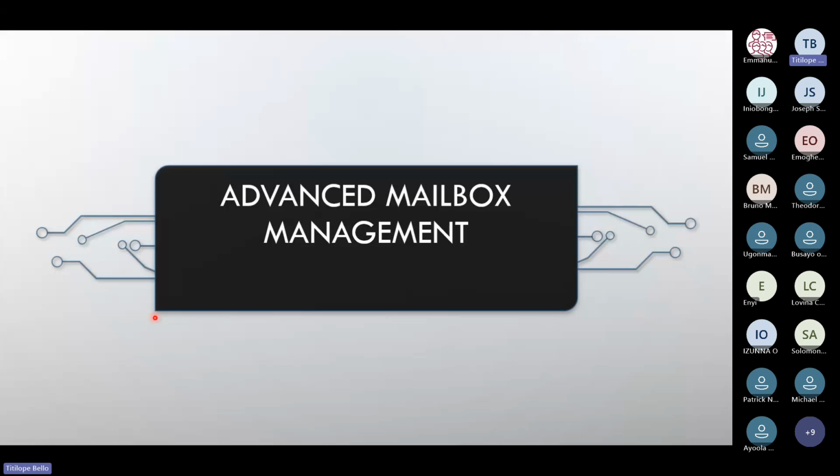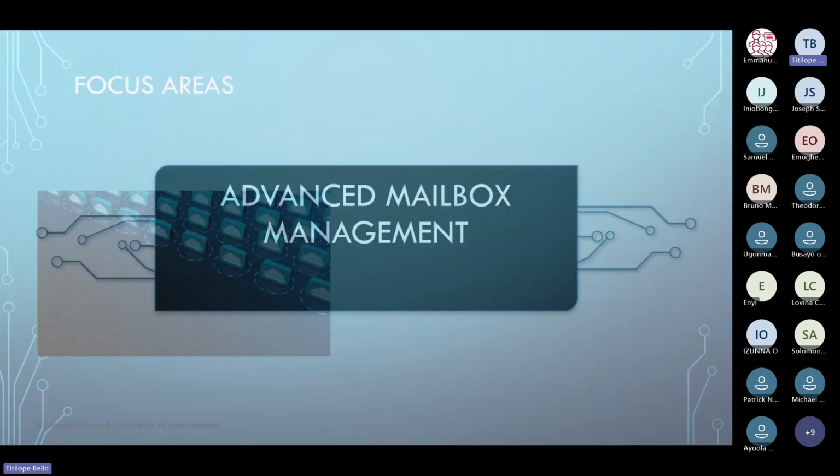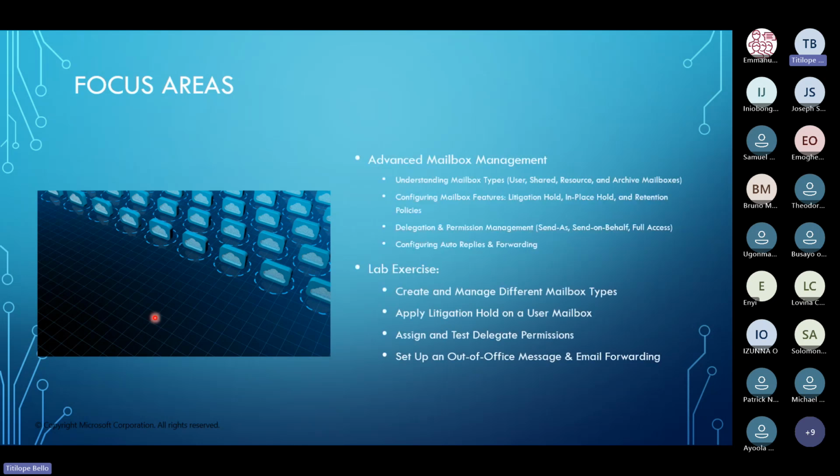Let me see, what is on the agenda. We're going to look at the various mailbox types, the most common ones. There are more than these. We have user, shared, resource or archive mailboxes, and group mailboxes.